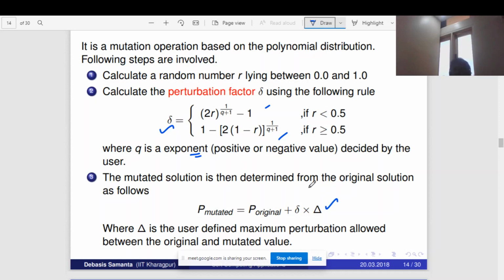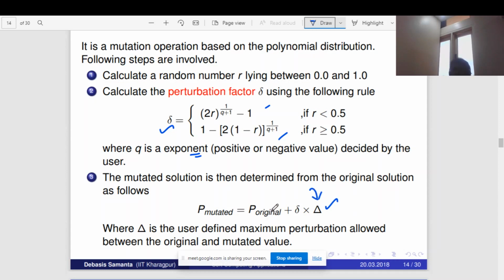And then del is the upper limit, like how previously we chose del. Similarly, here also del represents the upper limit, that is, P original plus del cannot exist beyond a certain limit. So the user should choose the correct value for del.